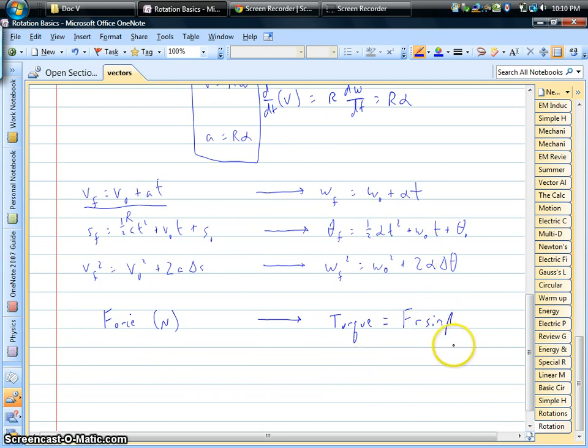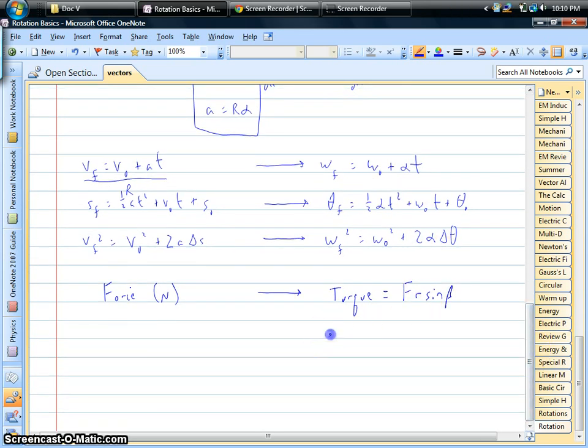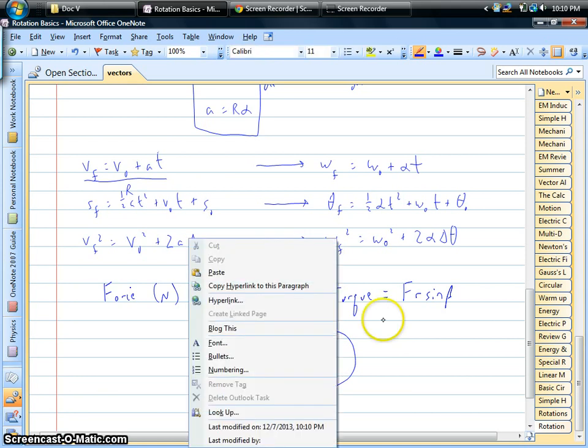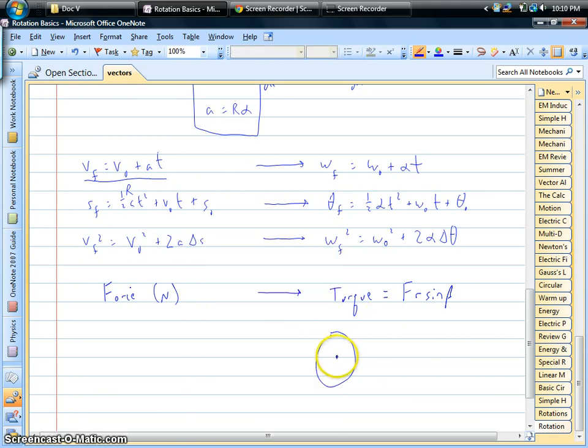Well, what that means is if you have, say, a bike wheel, any kind of wheel, it has a radius. And you can imagine if we apply a force to this thing, if we push on it sideways, where it's parallel to a spoke, or parallel to a radius line, that's not going to make it spin.